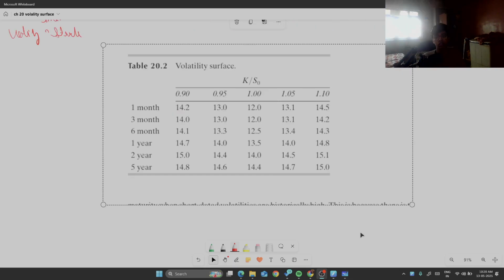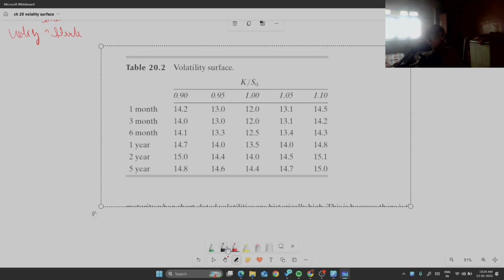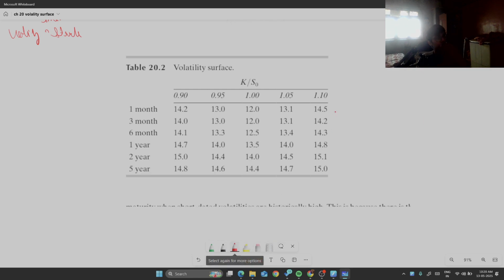This is the table from the book. Pause the video and see what you can observe in the change of implied volatility. This is the implied volatility change with respect to time, right? So let me tell you, for any strike price, you can observe that from 14.2 the implied volatility has increased to 14.8.